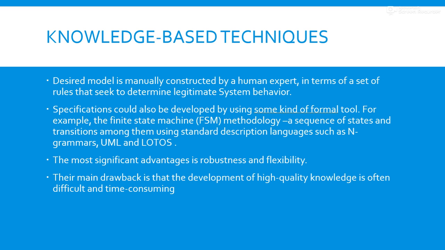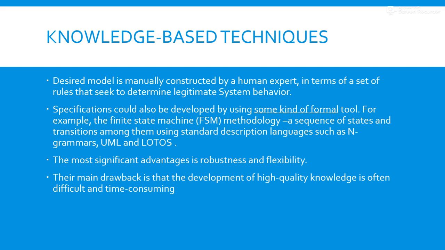In order to define these rules or specifications, some automatic tools can also be used. For example, these expert systems can use a finite state machine methodology, where a sequence of states and transitions among them can be found for modeling different types of network protocols.